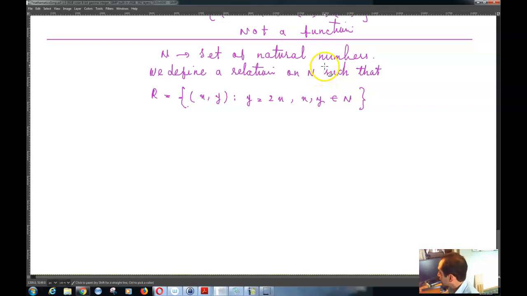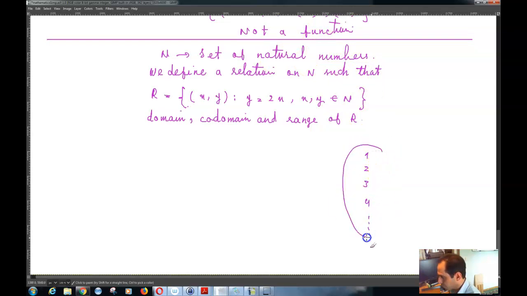So what that means is that you want to find the domain, the codomain, and the range of R. The set of natural numbers is 1, 2, 3, 4, and so on and so forth, all the way up to infinity.